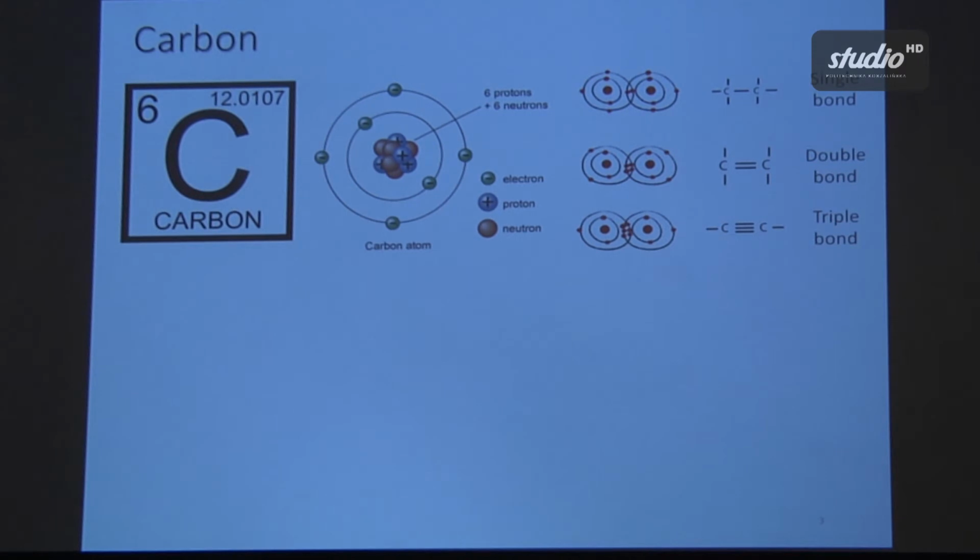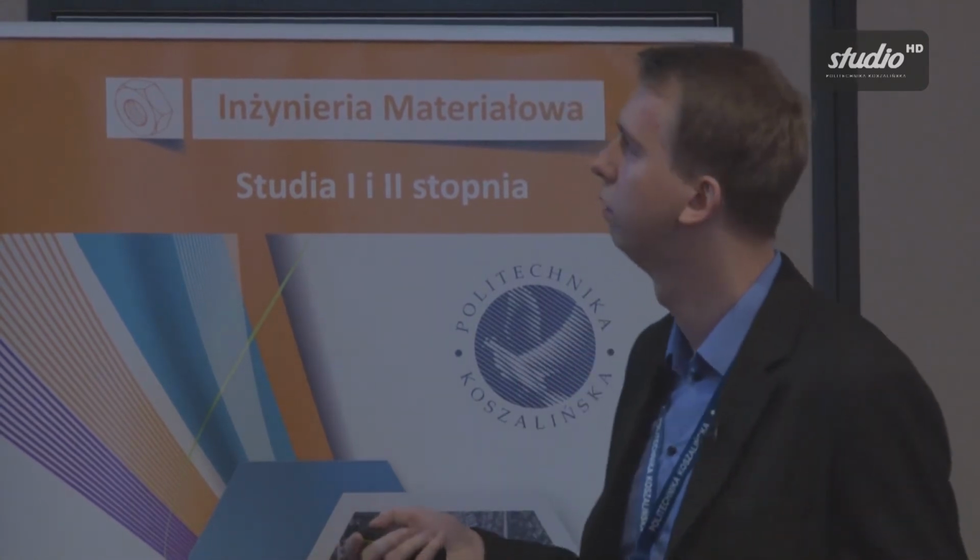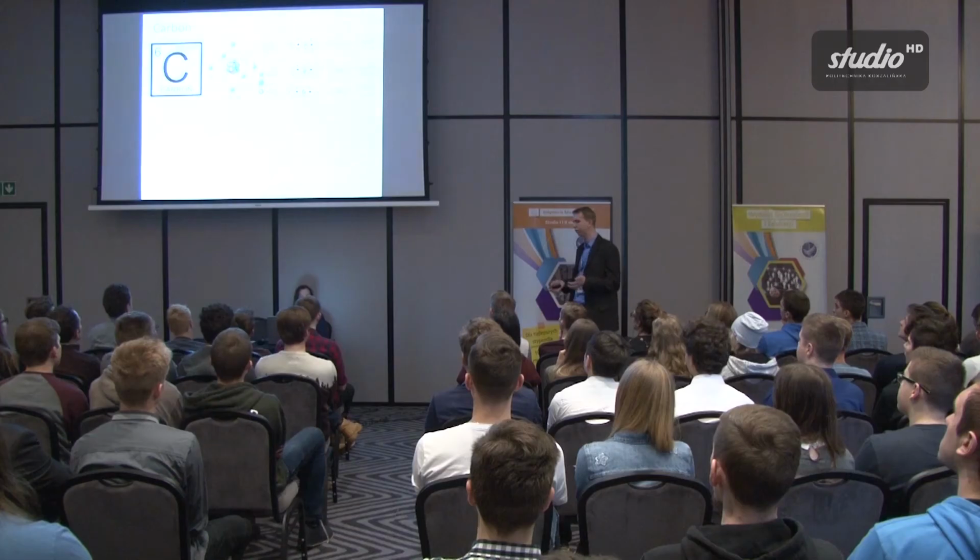This is how it more or less looks like in the schematic. Basically it's composed of 6 electrons, 6 protons, and 6 neutrons. Due to that, we can form different kinds of bonding. This is very important because based on how it connects to different carbon atoms, but also to atoms of different elements, different kinds of materials can be achieved.